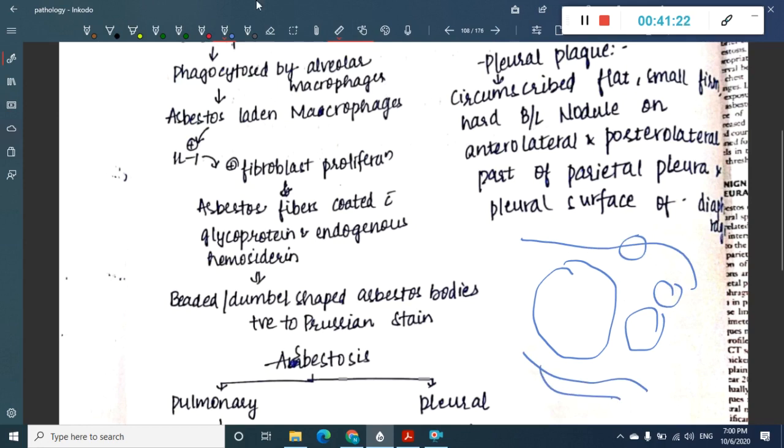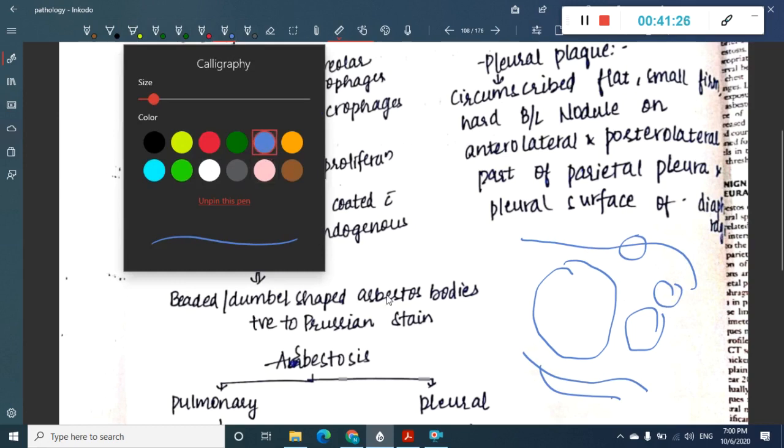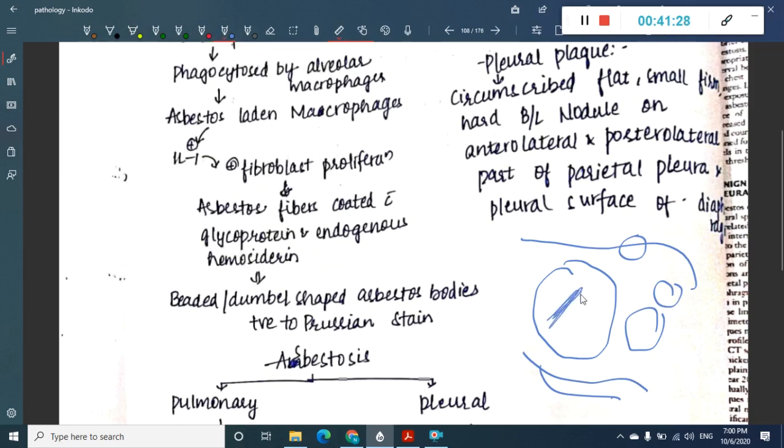Inside these macrophages you can see presence of Prussian blue colored asbestos bodies which are actually dumbbell in shape. I have already shown you the picture of asbestos bodies, right? You see beaded dumbbell shaped asbestos bodies, and these asbestos bodies are seen in Prussian blue stain. Okay, interleukin 1 is the one which is important here.